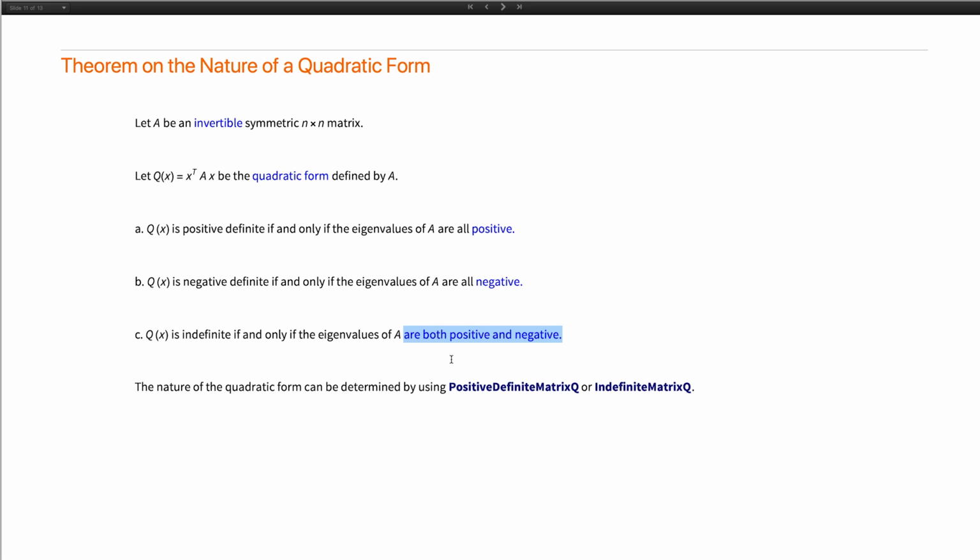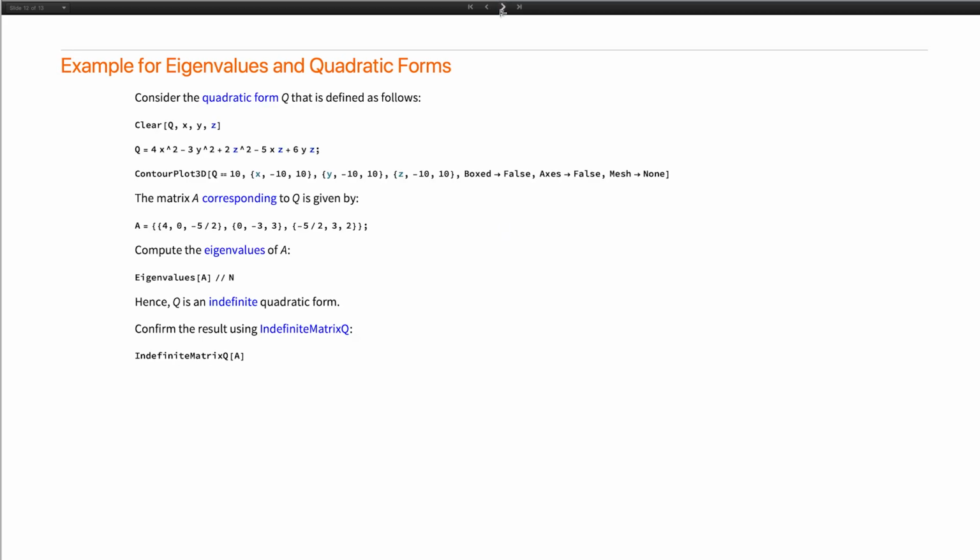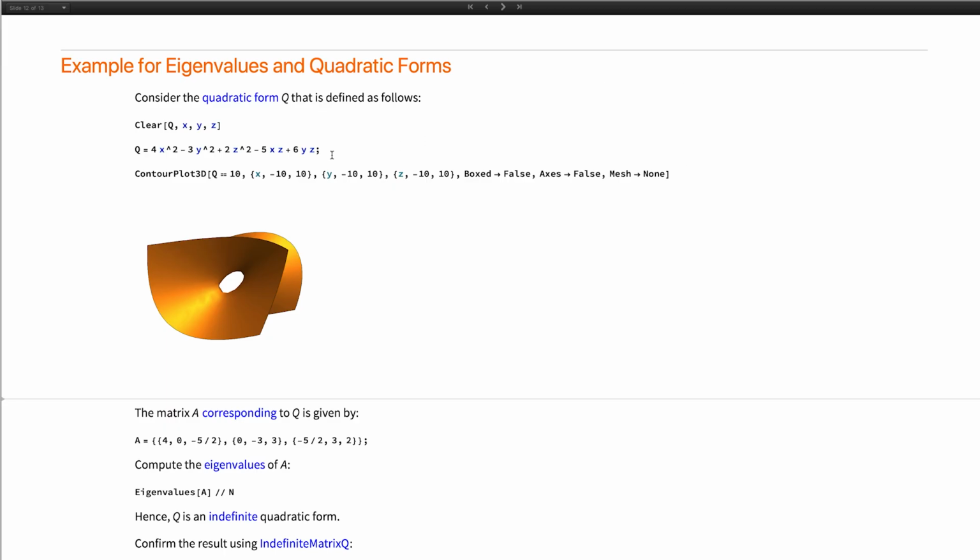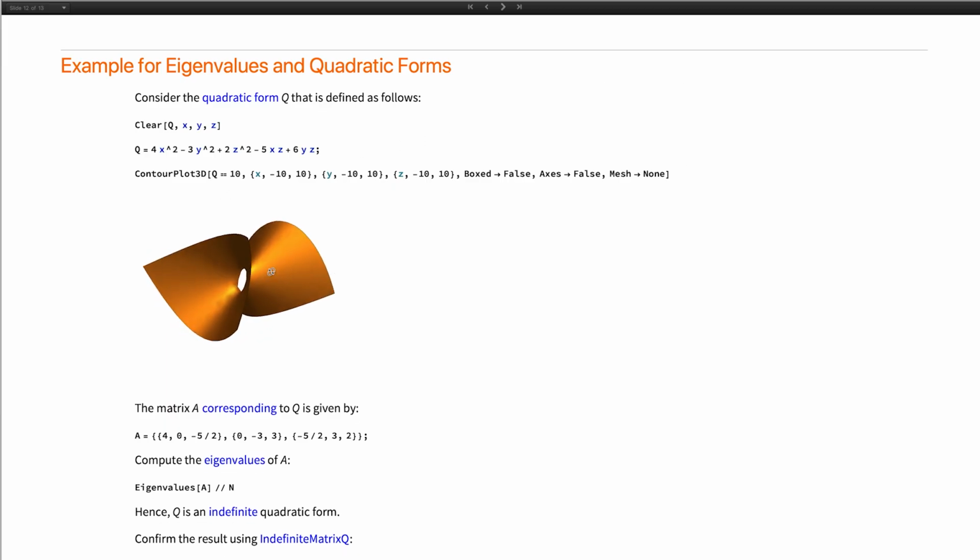And luckily, we have nice functions, positive definite matrix Q and indefinite matrix Q, which can be used to do that for you. So as an example, here is a quadratic form. I'm just going to clear some variables. Here's a quadratic form Q. Here is a contour plot. Now, it's a 3D contour plot over here. And if you look at it, it looks like the quadratic form is going to be kind of indefinite.